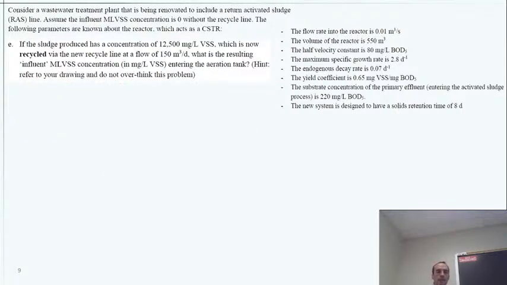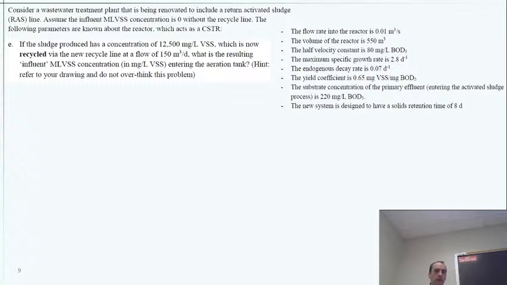Part E says, and this is applying what we did today, if the sludge produced has a concentration of 12,500 milligrams VSS per liter, so that's giving us a new parameter there, which is now recycled with a recycle line at a flow rate of 150 cubic meters per day, what is the resulting influent MLVSS concentration in milligrams per liter of VSS entering the aeration tank?